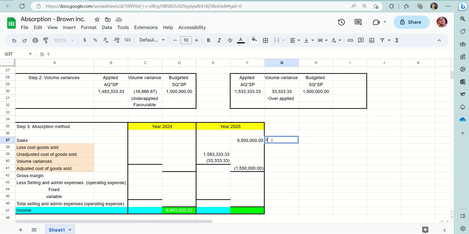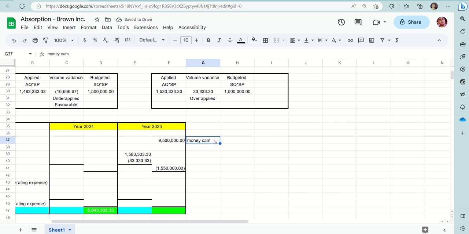This money came in, cash in, maybe I could say cash in and cash out. Not necessarily, but this is just to give you an example. This is a concept.